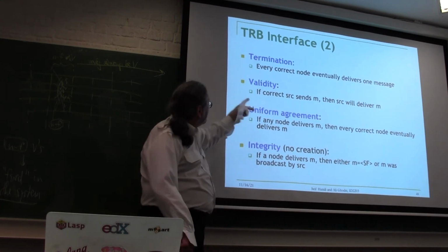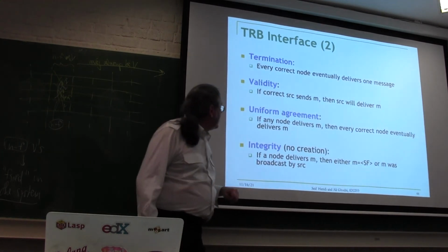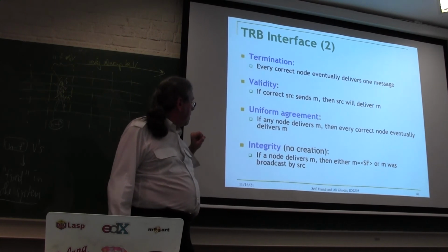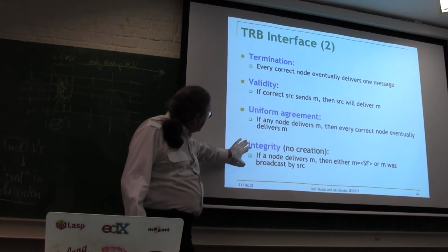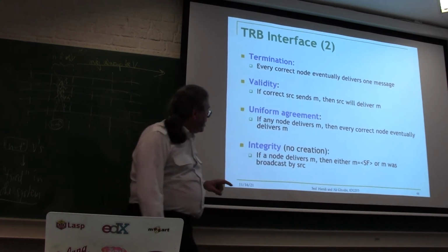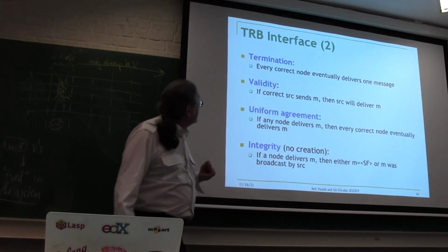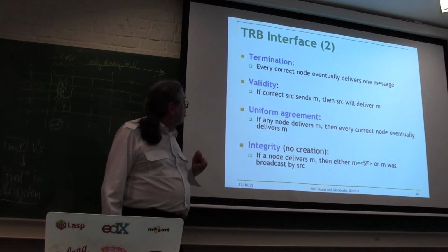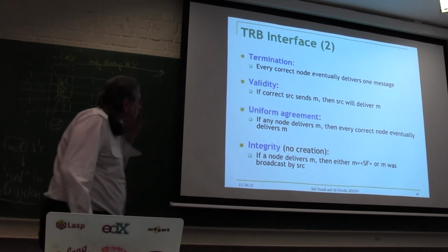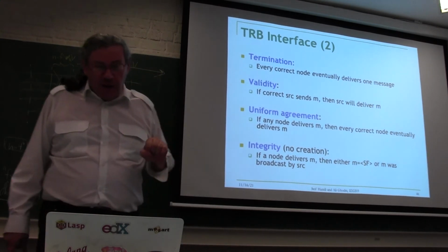If a correct source node sends M, it will deliver M. If any node delivers M, every correct node delivers M. But then here we have: if a node delivers M, then either M is SF or M was broadcast by the source node. So this is a little bit different from the regular broadcast algorithm.